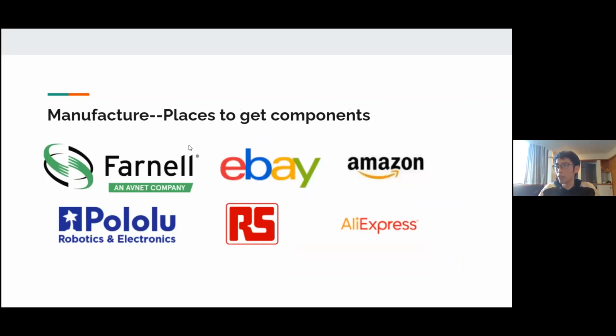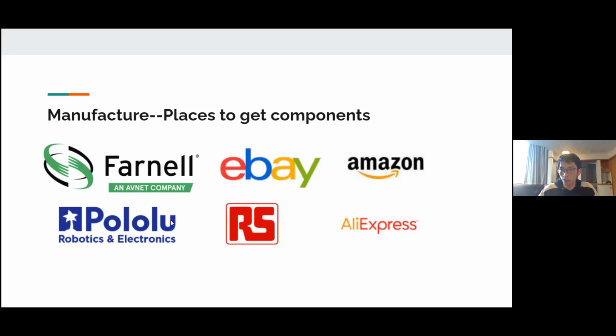Finally, one last bit about manufacturing is places to get your electronic components. Farnell is very good for screws, nuts, bolts, all those mechanical parts. On eBay, you can get a lot of cheap electronic components. Amazon, yes, not very professional, but you can still get some of the components, especially when you're urgent.